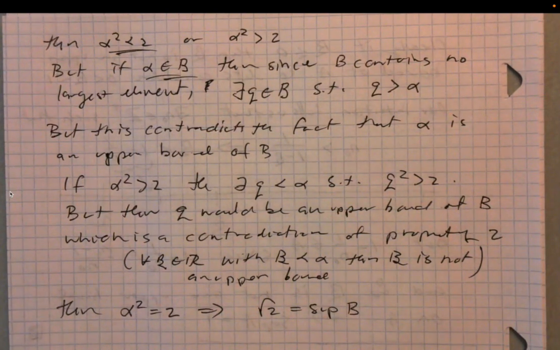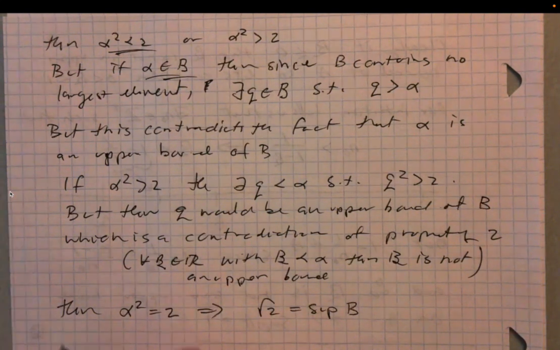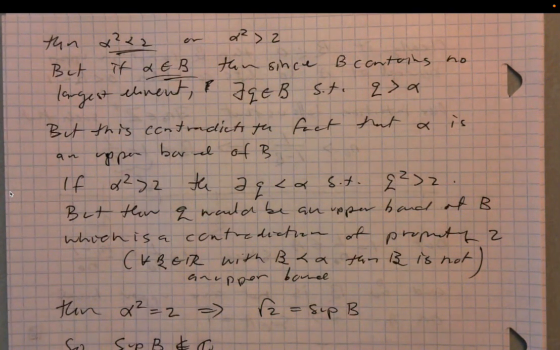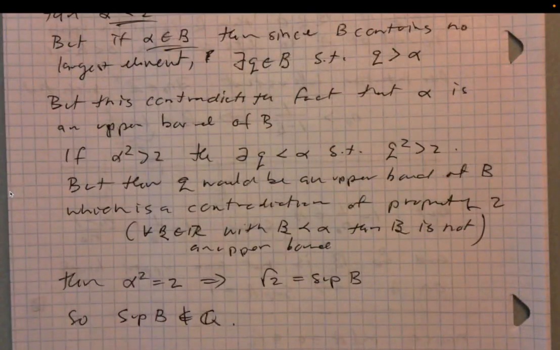And so the least upper bound of B is not a rational number. Even though B is a set of rational numbers, it has a least upper bound that's outside of the rationals. Okay. All right. Very good.